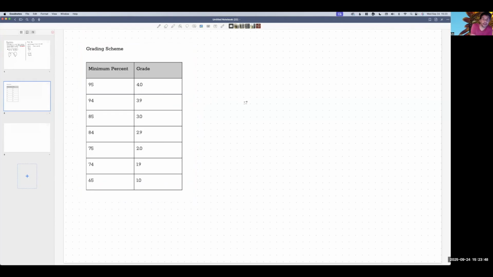This is the grading scheme in my course, where I'm converting from a percentage to a grade on the 4-point scale. And so we can think of this as a function that goes from the percent earned.